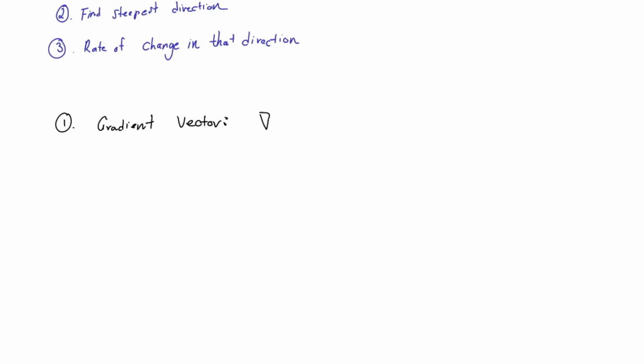The gradient vector, in this case, is going to be equal to the partial derivative of f with respect to x, and the partial derivative of f with respect to y. Okay, so now let's first find the partial derivative of f with respect to x.